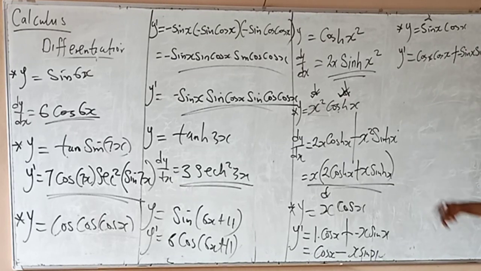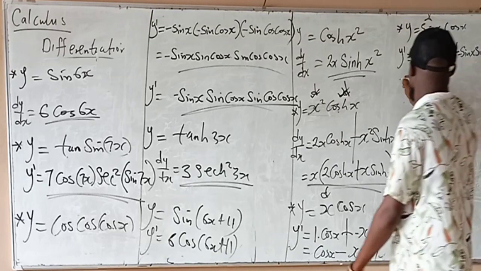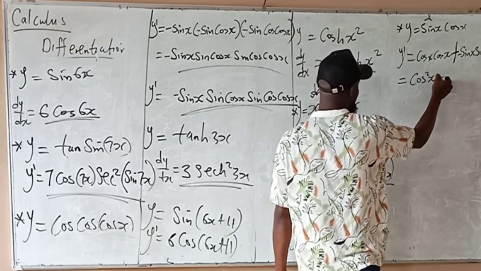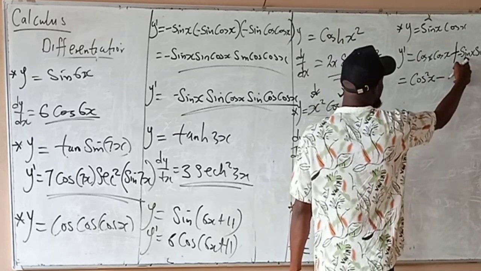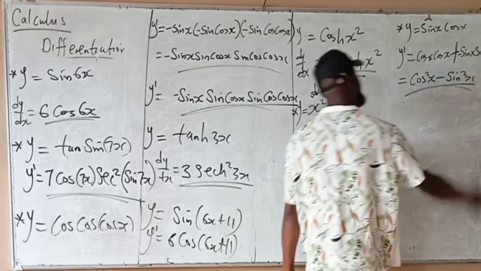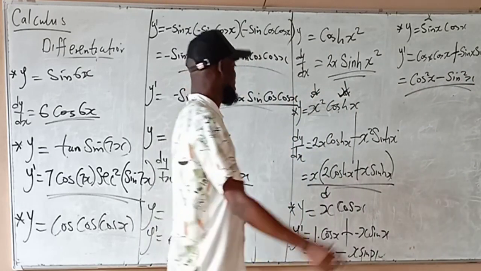The minus will be at the front of the answer. This one is separated in 2 terms. So we're going to have cos x times cos x, which is cos squared x, minus sin x times sin x, which is sin squared x. Answer.